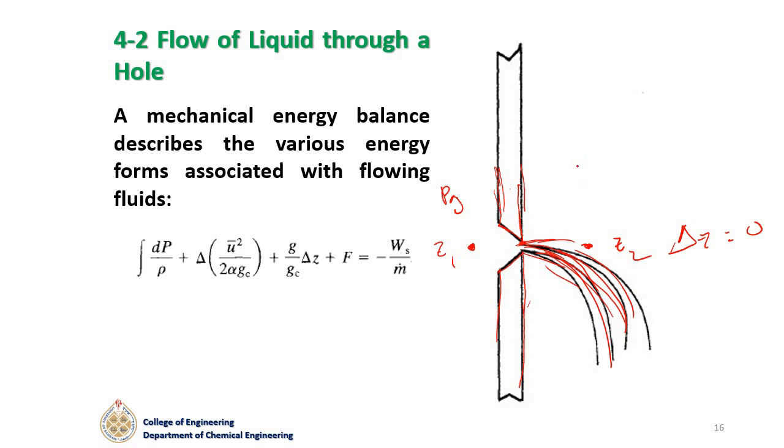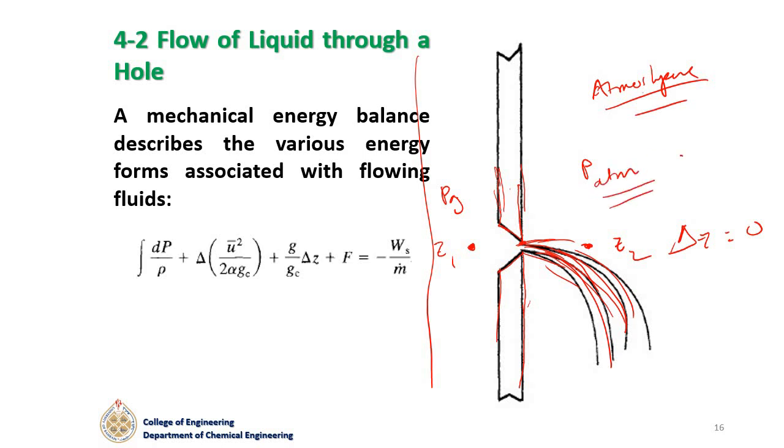And of course, this is a certain pressure inside the pipe, and this is the atmosphere. If this is open to the atmosphere, this is P atmosphere. So how do we do a mechanical energy balance? This is the mechanical energy balance equation, so you start from here. What are the terms?